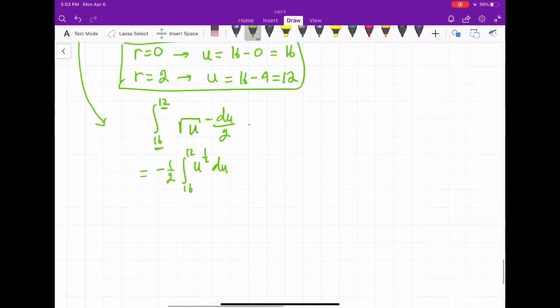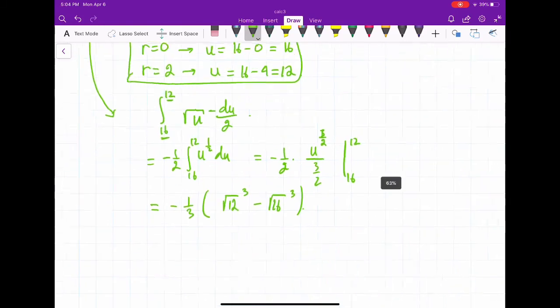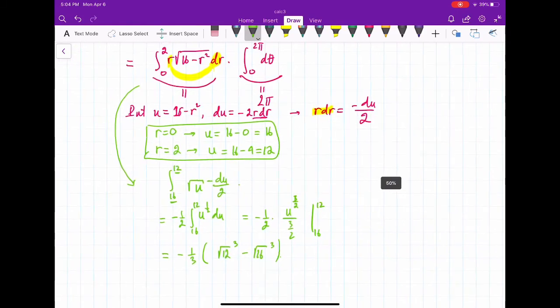I will use the power rule: negative 1 over 2, u to the 3 over 2 over 3 over 2, evaluated from 16 to 12. Okay, so I can simplify something here. I have negative 1/3, and then square root of 12 cubed minus square root of 16 cubed. That is the answer of the first integral.